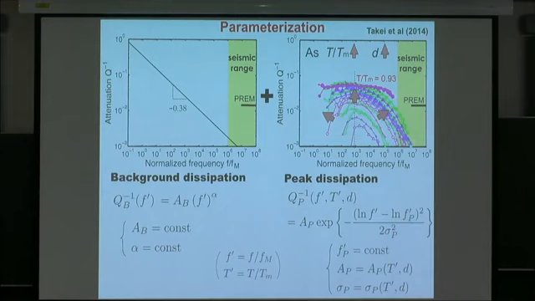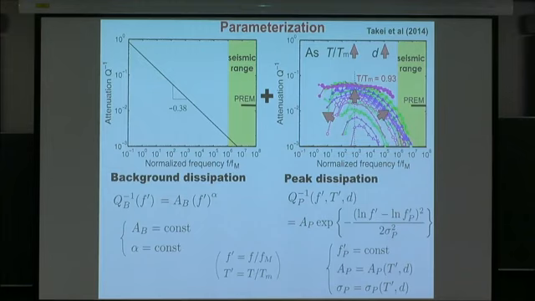And here, the normalized frequency is written as f dash, and homologous temperature is T dash. And as shown here, background dissipation is given as a function of f dash, and peak dissipation is given as a function of f dash, T dash, and grain size.